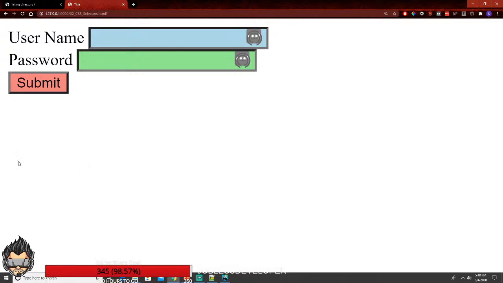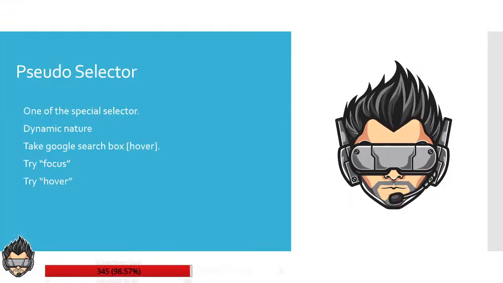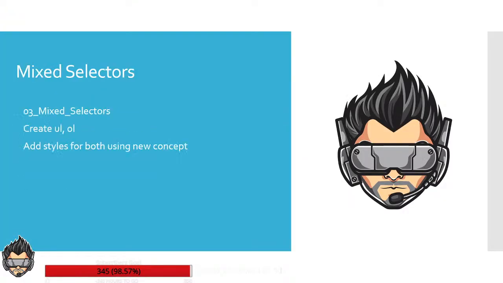So with this being said, we learned a lot of things today, right? This mixed selectors, what we do in the mixed selectors is that I want you guys to go and create something like this. Create a file. I want you to implement all the concepts that have been taught. So you go and watch this live again and create a file called 03 underscore mixed underscore selectors. Create a UL tag and an OL tag, so an unordered list and an ordered list.